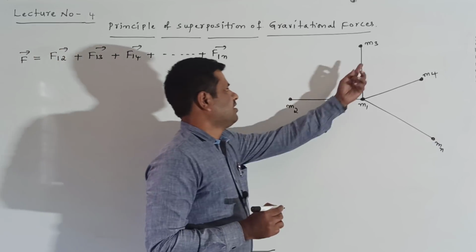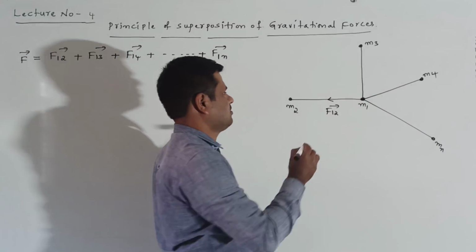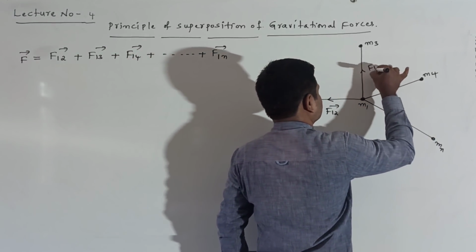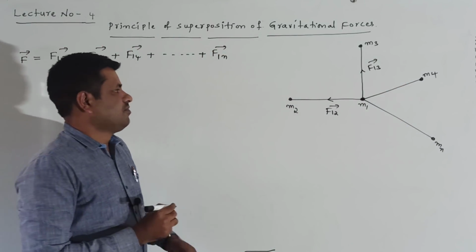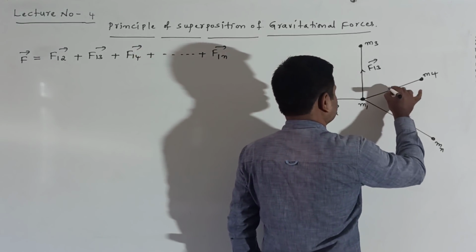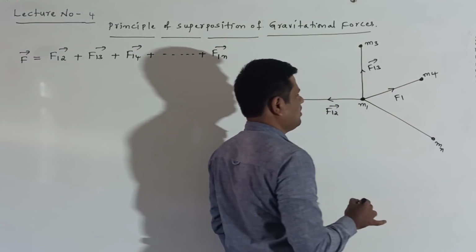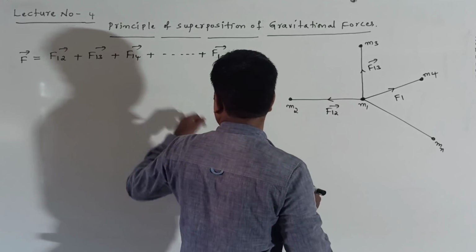Similarly, M3 mass is attracting the M1 mass, so we give the force direction in this direction. Here M4 is attracting the M1 mass, and that is written as F14 bar.